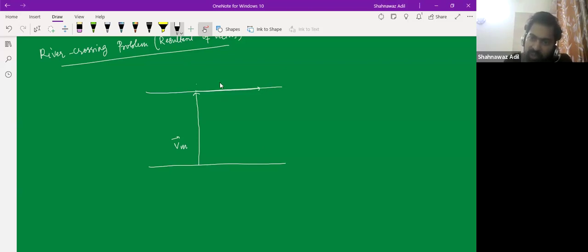So the resultant velocity of man with respect to the river, and this is resultant, not relative, right? We can use the Pythagoras theorem to calculate it, and this would be the square root of Vm square plus Vr square.